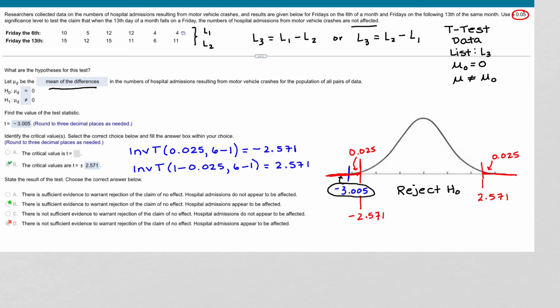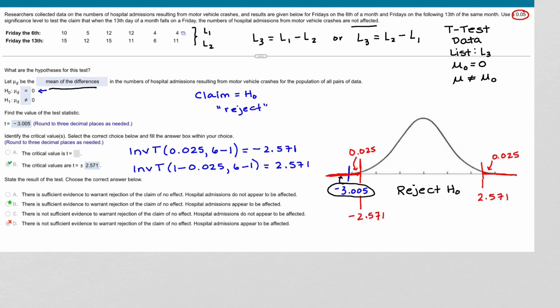So we rejected the null hypothesis, and when we write our statement, we have to consider what the claim was. The claim was the null hypothesis. So when your claim is the null hypothesis, then you want to write a statement about whether there was sufficient evidence to reject the claim.